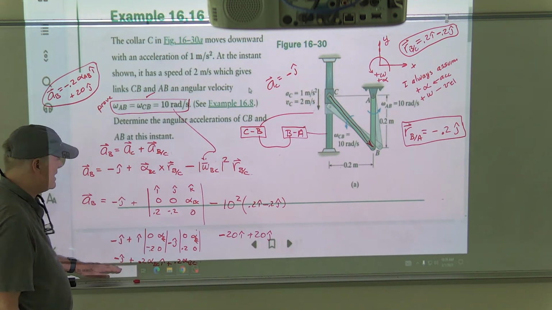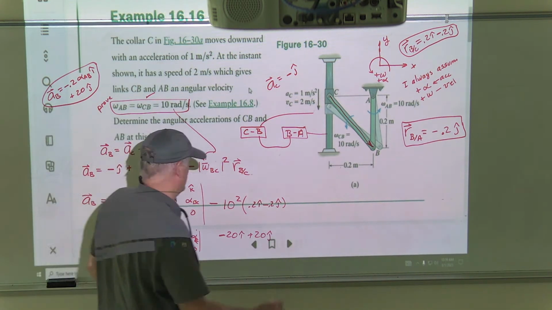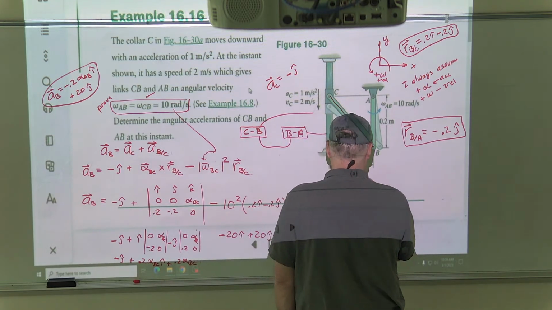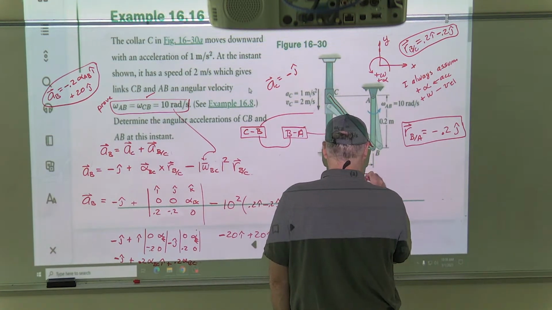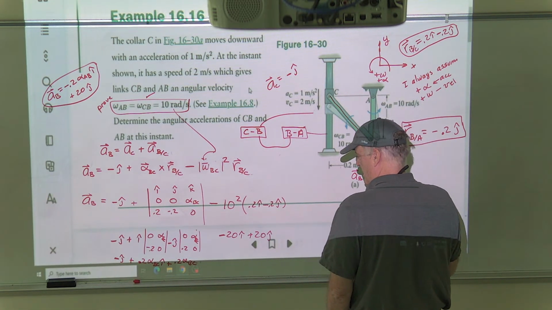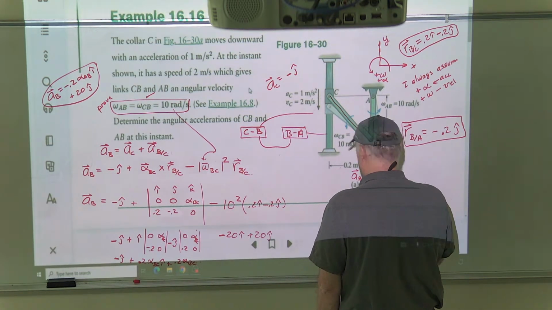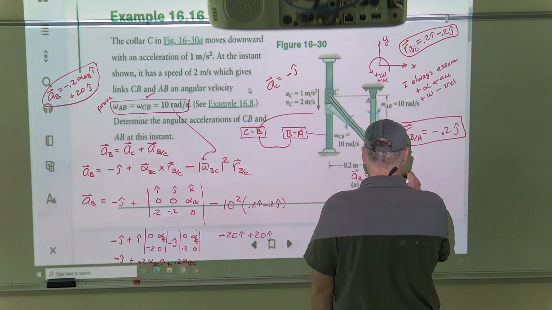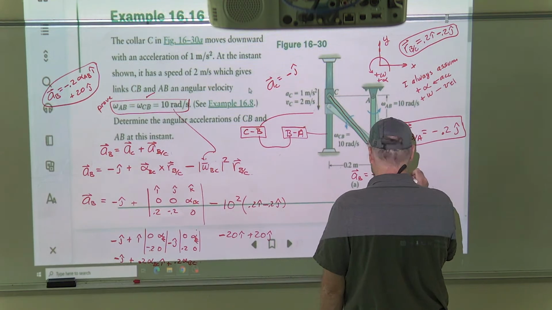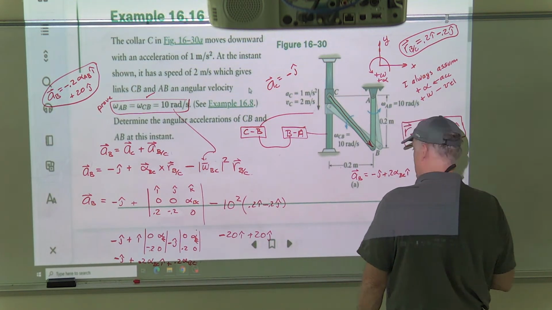And so let me copy this over there, if you don't mind, and I'll say this. Acceleration of B equals minus j plus 0.2 alpha BC, and that is i.